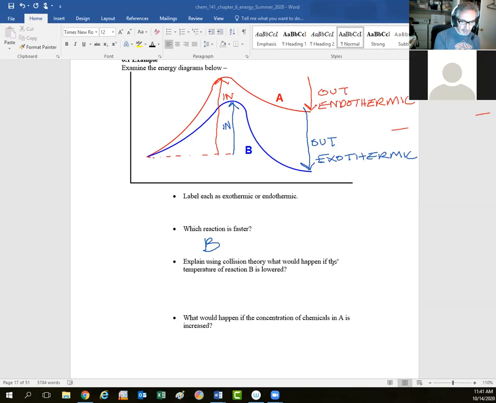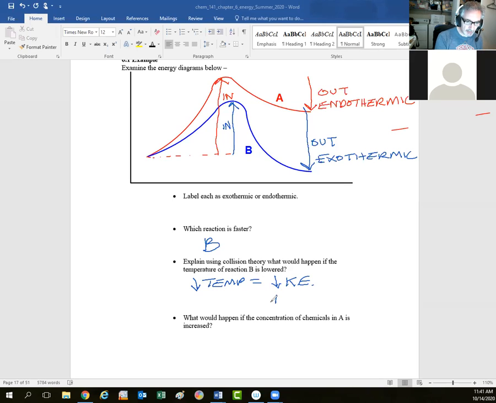Explain using collision theory what happens if the temperature of reaction B is lowered. So we said with a drop in temperature, it's equivalent to a drop in kinetic energy. We said the effect, in terms of collision theory, was a twofold effect.